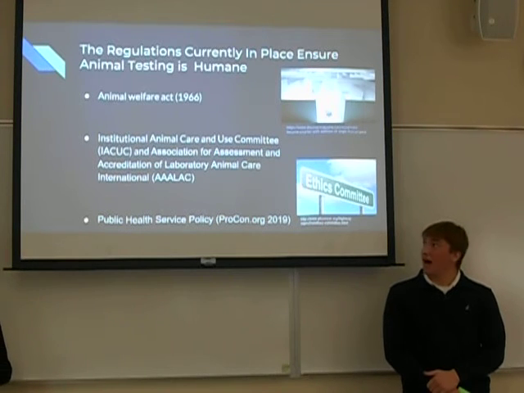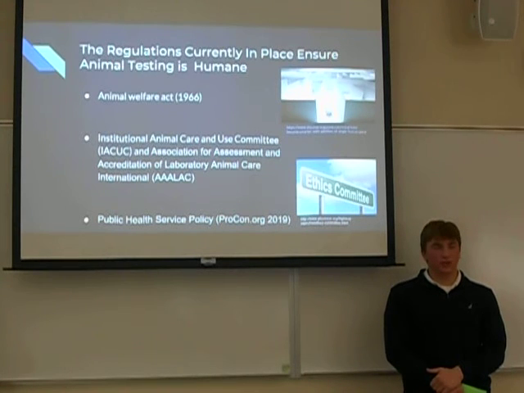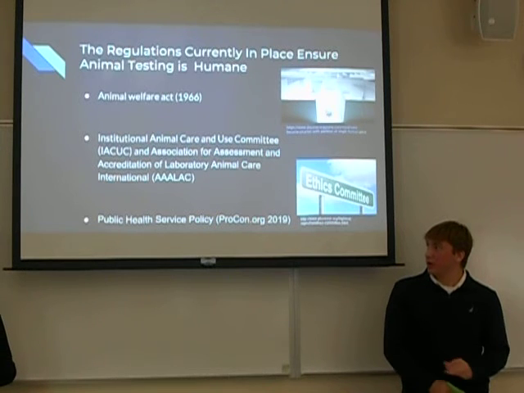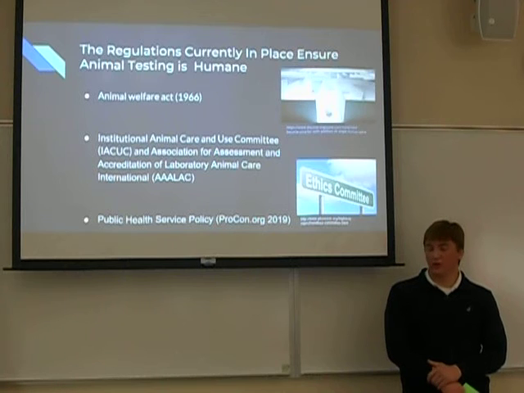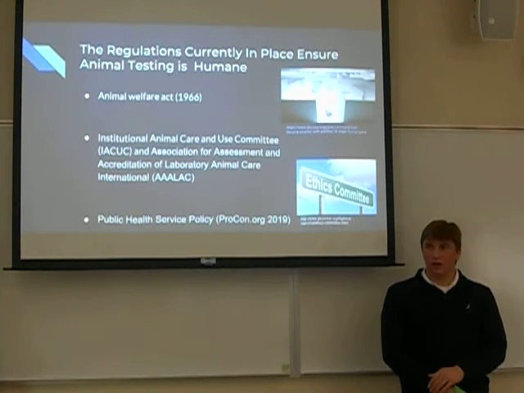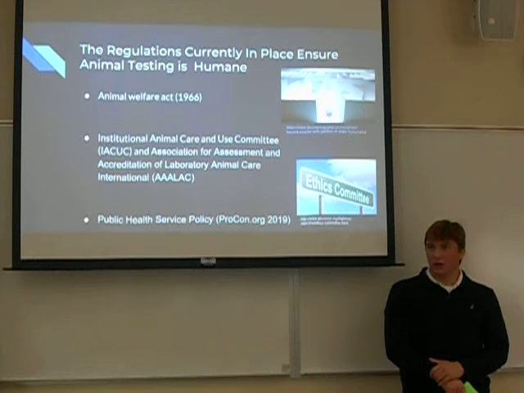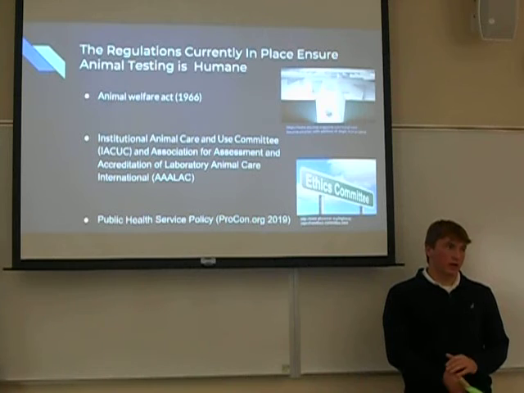It also sets up the IACUC in the research facilities to review their protocol, and the major research institutions have the ability to have the accreditation of Association for Assessment and Accreditation of Laboratory Animal Care International, the AAALAC, to review their protocols to determine if they're humane. And the Public Health Service policy makes sure that all federally funded research by the Public Health Committee is regulated and humane.